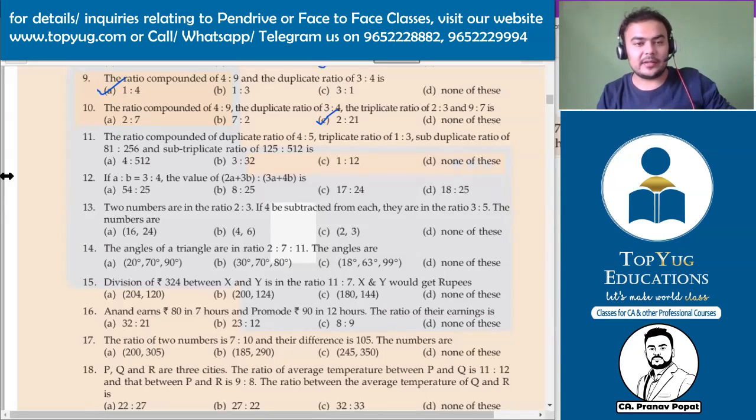Okay. Does it mean that the answer of 11th is none of these? Okay. Others, please.